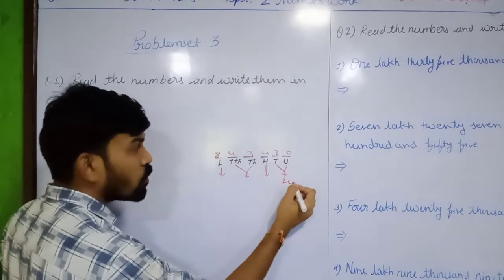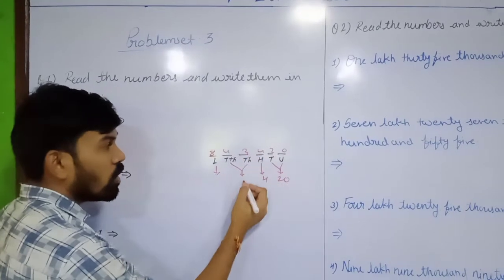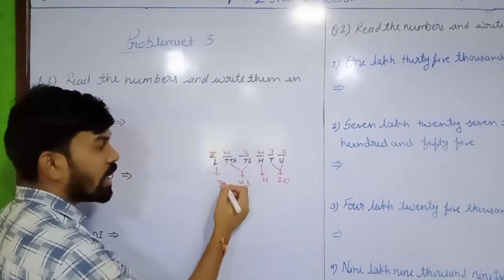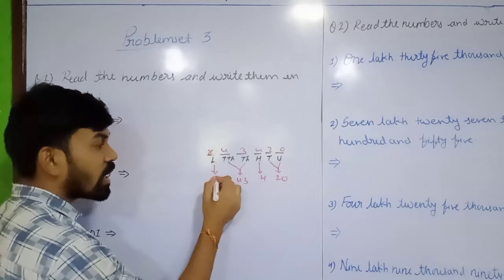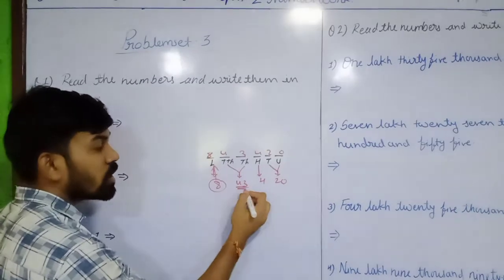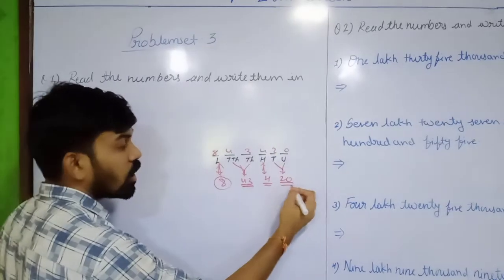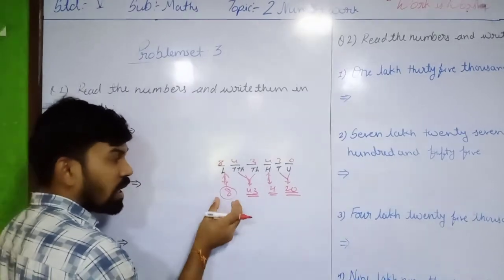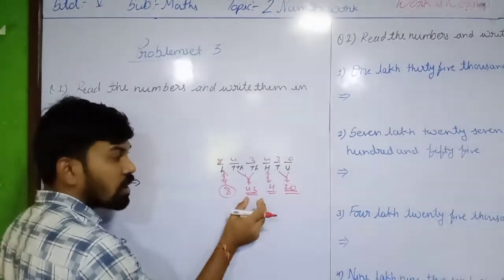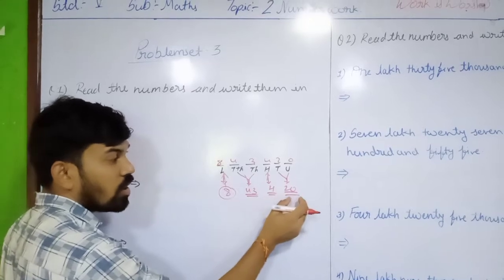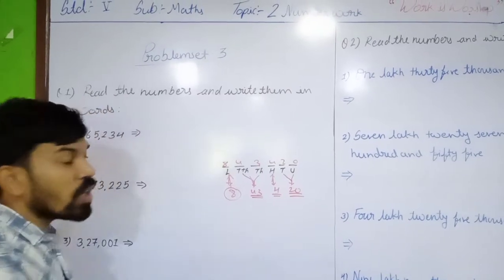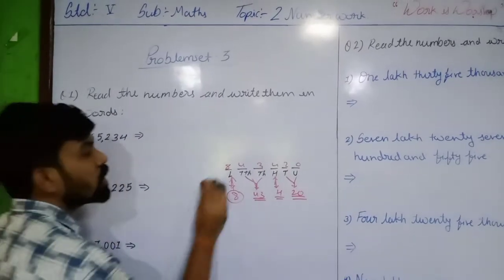So it will become 20, 4, 43, 8. Can we say 8 lakh 43,420? Once again, 8 lakh 43,820. This way we are going to continue.